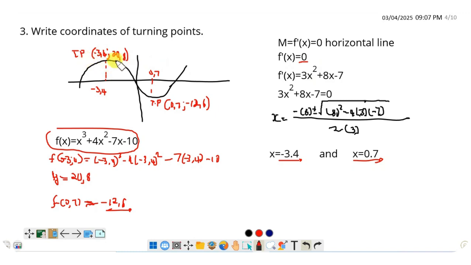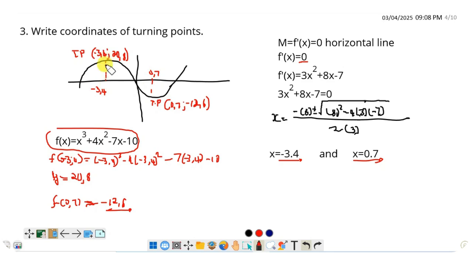So derive only once, get the equation, and equate it to 0 because the gradient has to be 0 at that point. Then you remain with this equation, and you solve for x. When you solve for x, you get two values of x. Those two values represent the x values for the turning points.